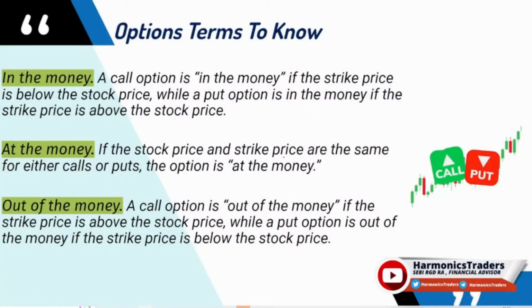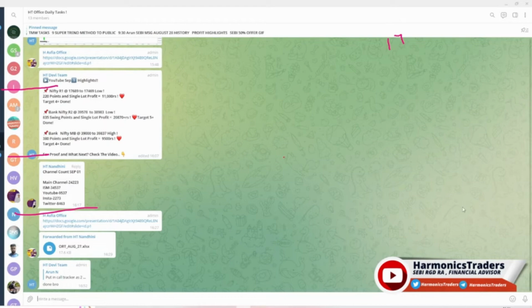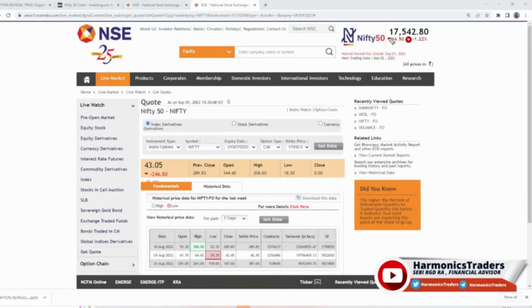We have these important terms: in the money, at the money, and out of the money. What do these mean? Right now, on September 1, 2022, Nifty has closed at 17,542, so let's take 17,550.